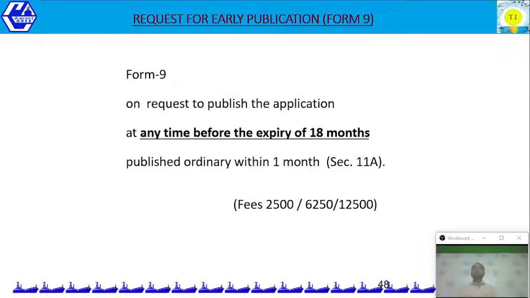If you want your patent to be published early in the IPO journal, then you have to fill Form number 9 and submit a fee of 2500 for a natural person, 6250 for a small entity and 12500 for others. So that way you can publish your patent within 1 month.